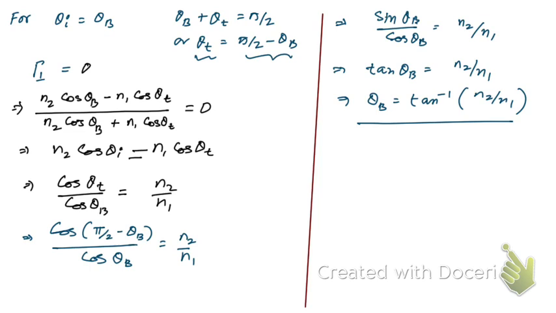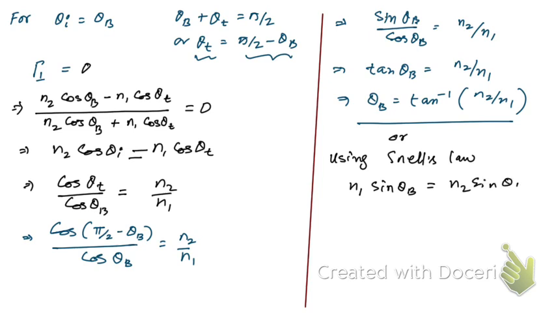And if you apply Snell's law, then also you can find this. Let me show you how. You see, using Snell's law, what we're going to have is n1 sin theta b is equal to n2 sin theta t.